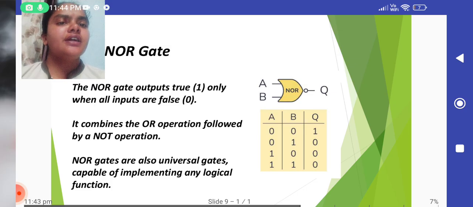So if we give the inputs as 0, it will produce 1. The NOR gate is also a universal gate, and it is applicable for implementing logical functions.